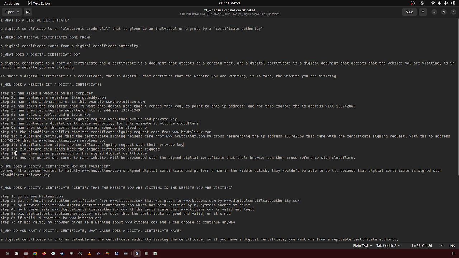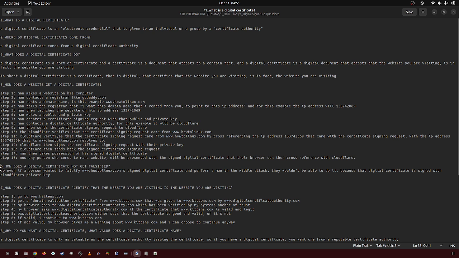Step 13. Cloudflare then sends back the signed certificate. Step 14. Man then takes possession of his signed digital certificate. Step 15. Now any person who comes to man's website will be presented with the signed digital certificate that their browser can then cross-reference with Cloudflare.